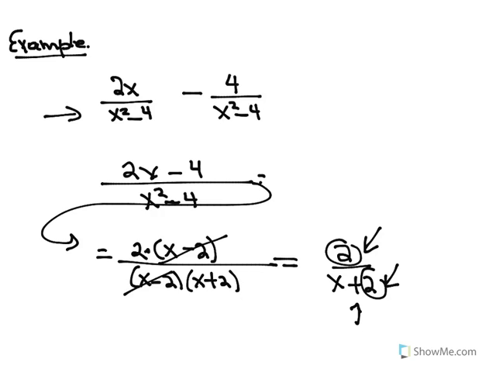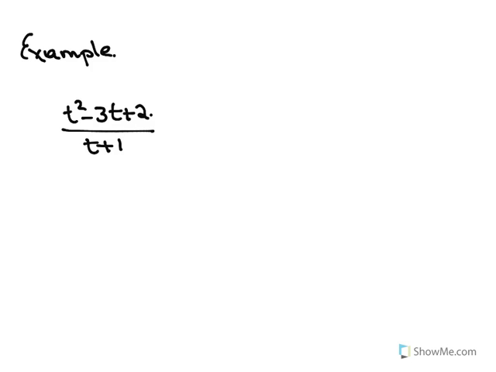So let's do another example. In this case, this is a much bigger example. We have t squared minus 3t plus 2 divided by t plus 1, minus 3t squared plus t minus 5 divided by t plus 1.